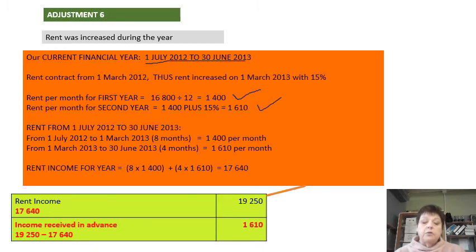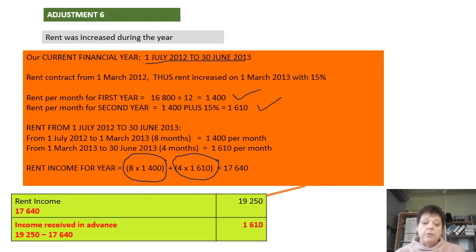From the 1st of July to the 1st of March, it was 1,400. From the 1st of March to the 30th of June, it was 1,610. So we have 8 months at 1,400 and 4 months at 1,610. So our rent for the year should be 17,640.